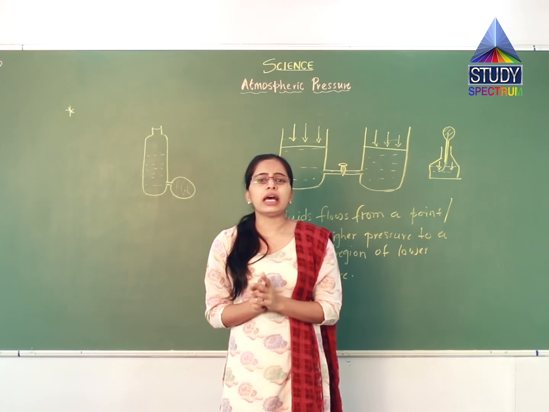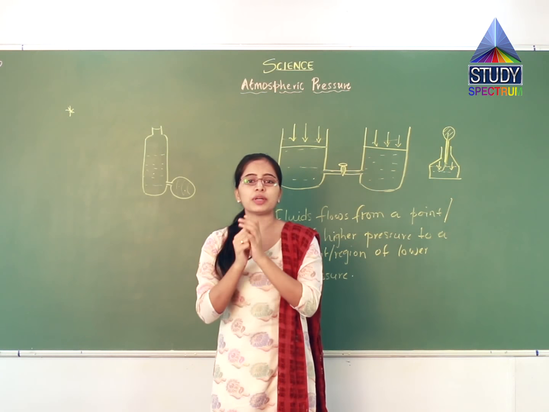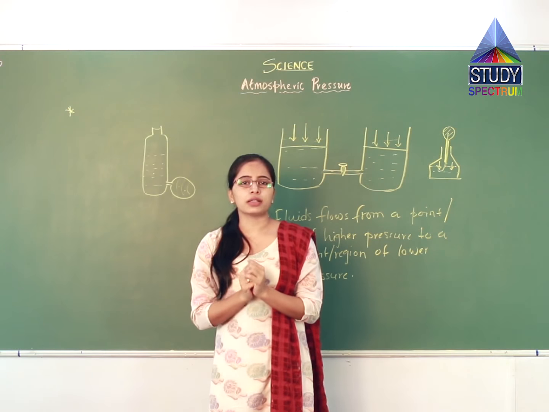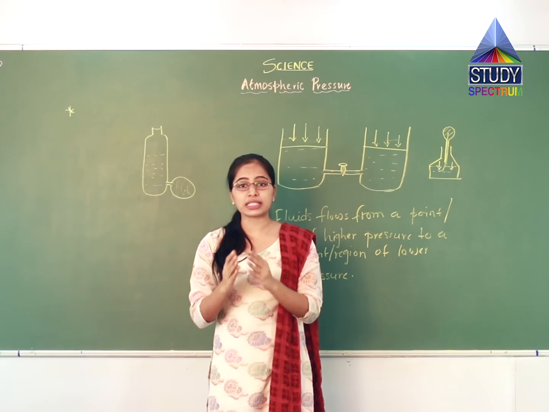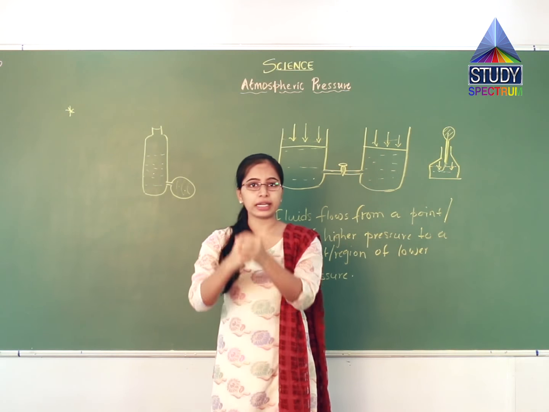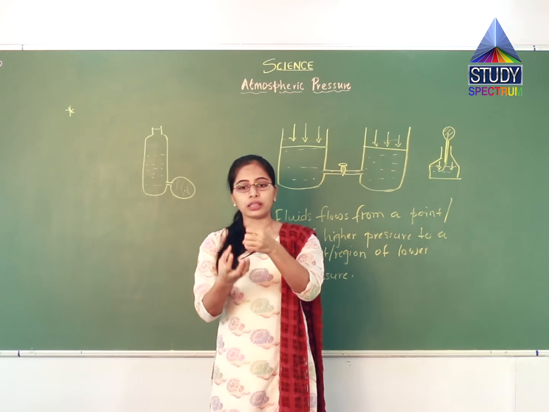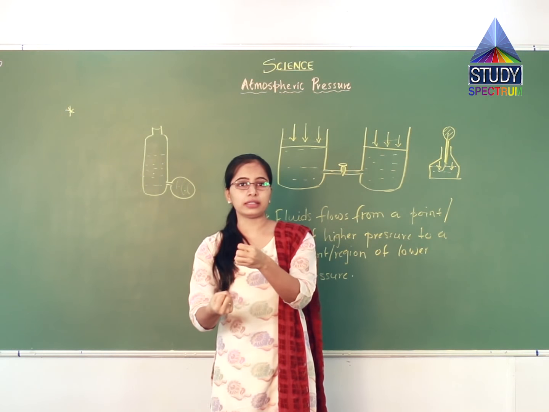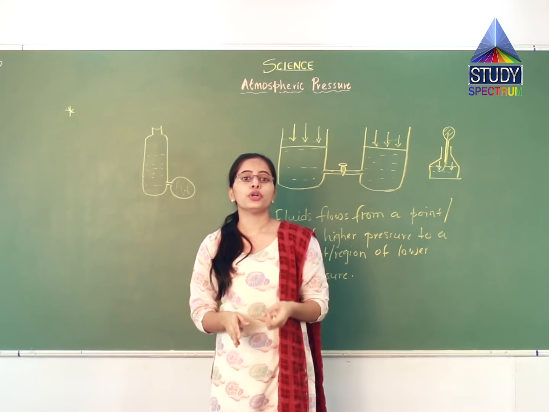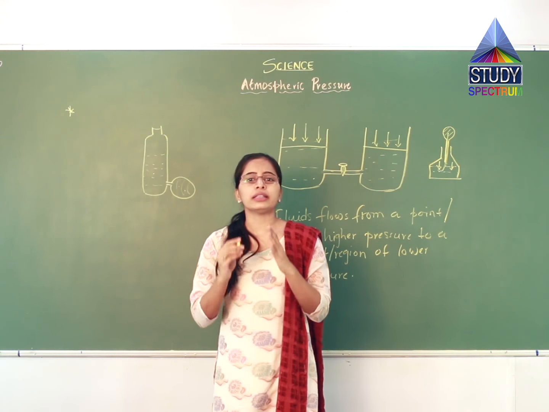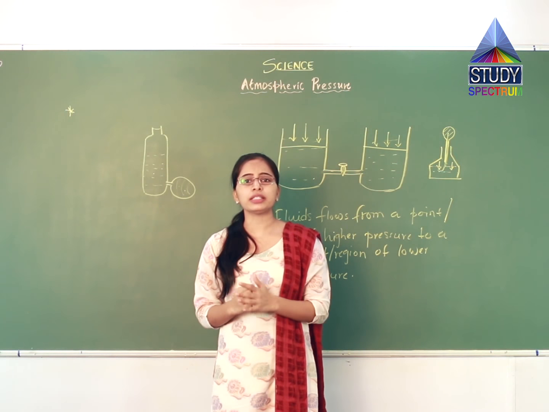Now there are many other examples. You have seen a rubber sucker. This is also used if your sink is blocked. You press that sucker, and because of the pressure applied by the sucker, whatever clog is inside the sink goes down. Rubber suckers that stick tightly on glass surfaces are available in the market.